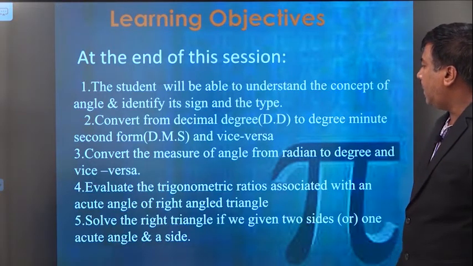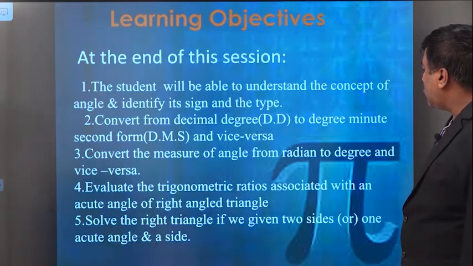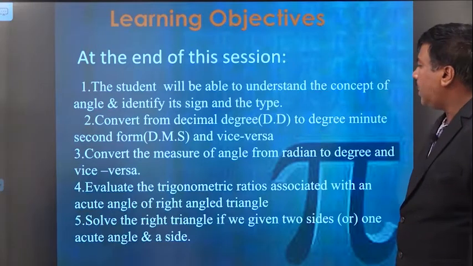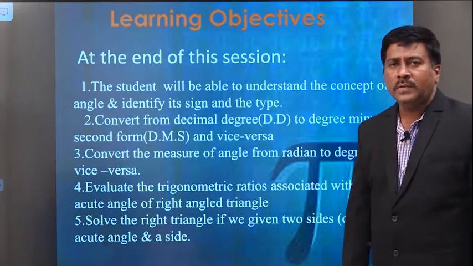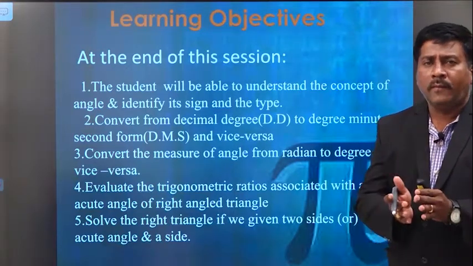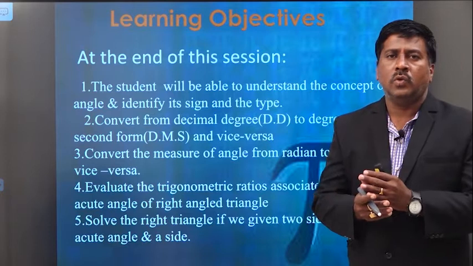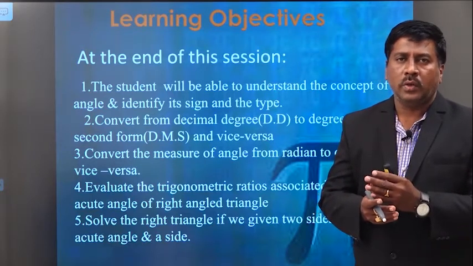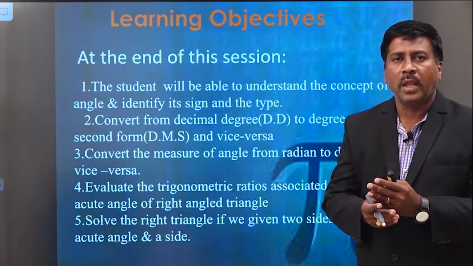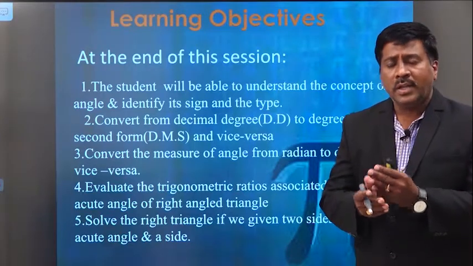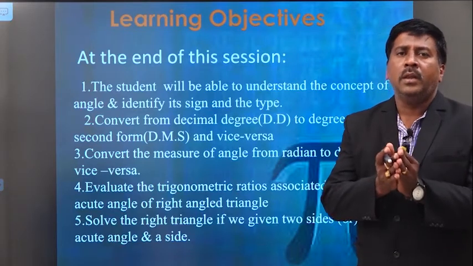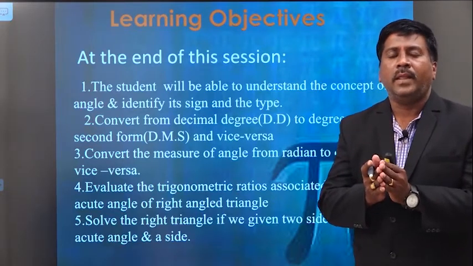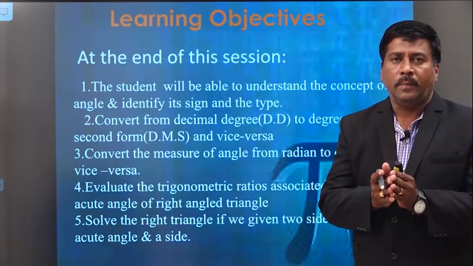Next, the fourth one is to evaluate the trigonometric ratios associated with an acute angle of a right angle triangle. In the lower classes you got an idea of acute angle and obtuse angle. What is meant by the acute angle? If the angle is between 0 and 90, then that angle is called the acute angle.